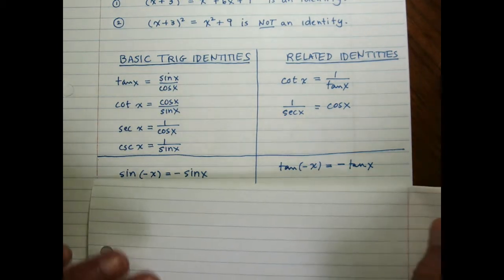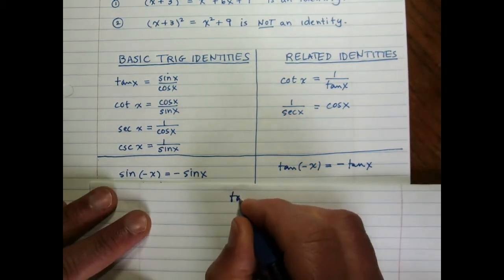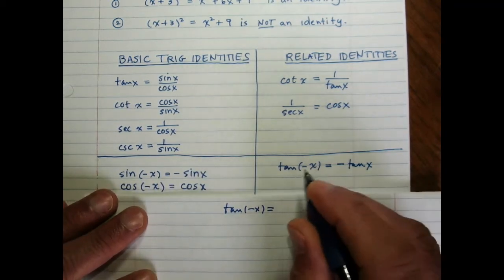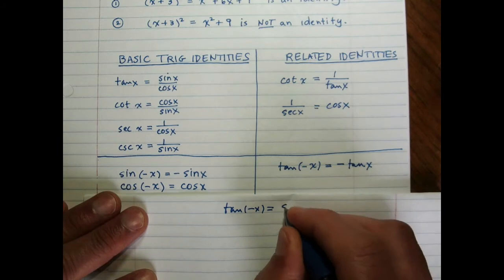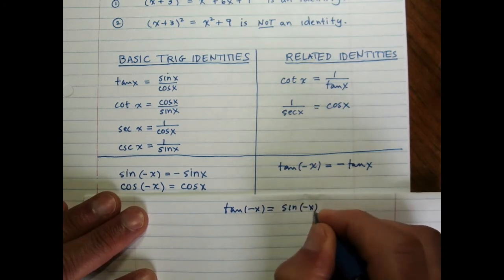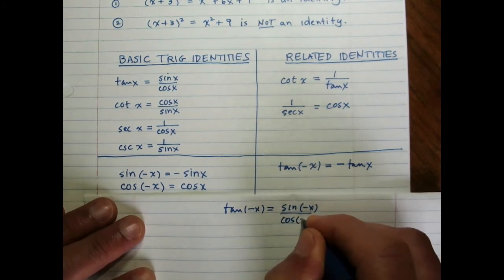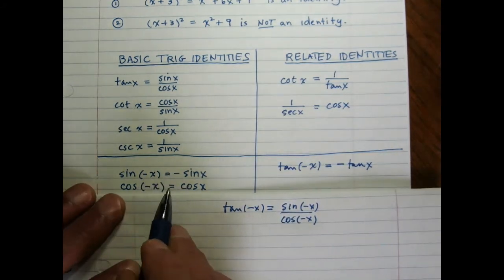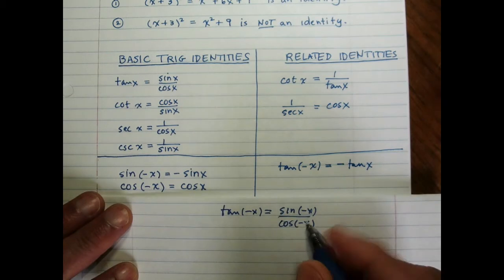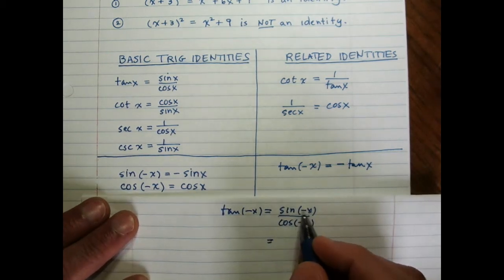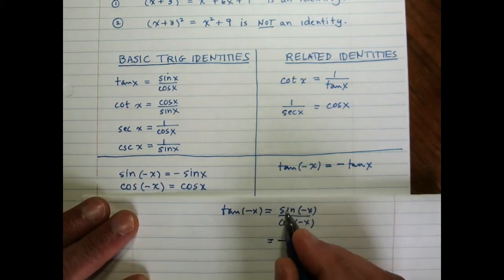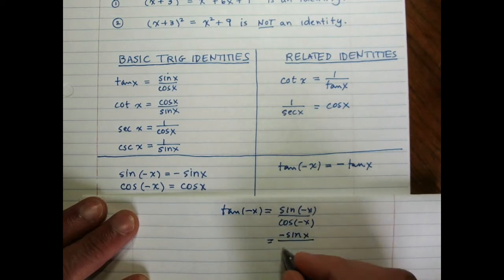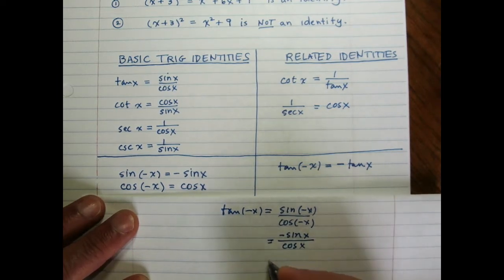And I might have to work through the details, tangent of minus x. If I don't recall the right-hand side, I would say, well, okay, that's sine of minus x over cosine of minus x. The identities on the left-hand side, you've got to have drilled into your minds, right? So I could take the right-hand side here and say, okay, sine of minus x is minus sine x, cosine of minus x is cosine x.